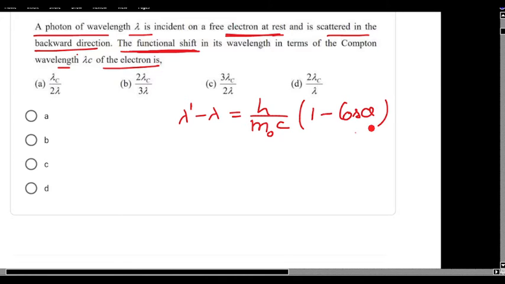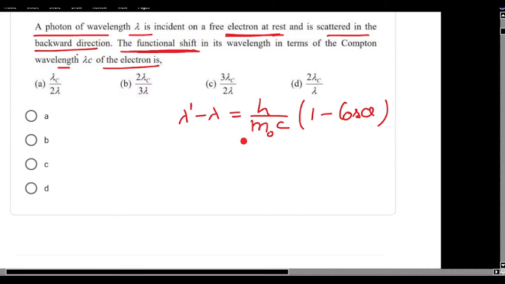The change in the wavelength depends only on theta, the angle of the scattered photon with respect to the incident photon. It does not depend on the intensity or anything else.